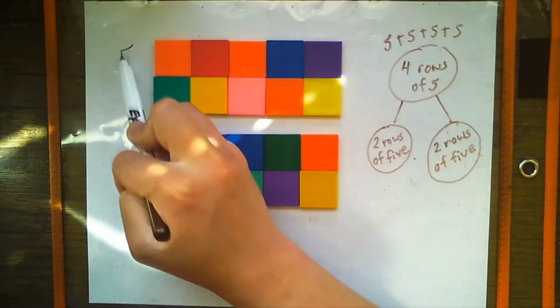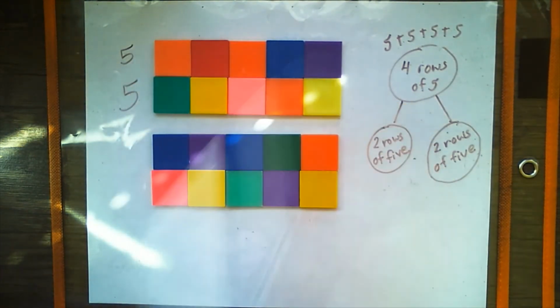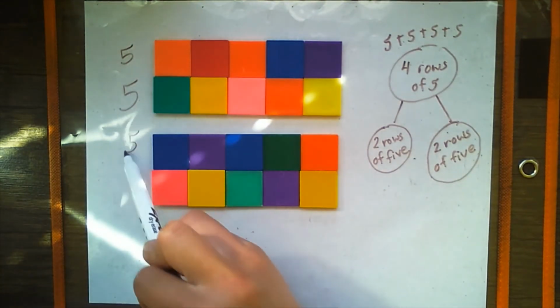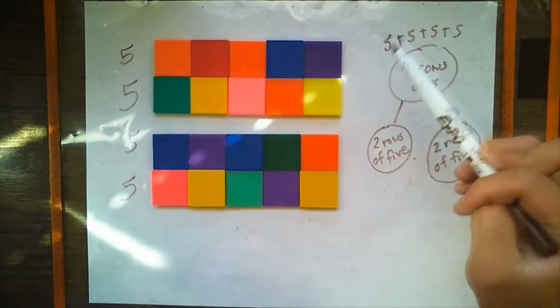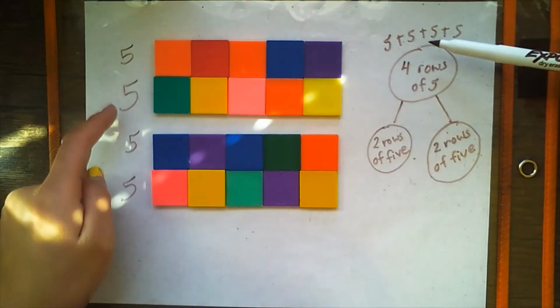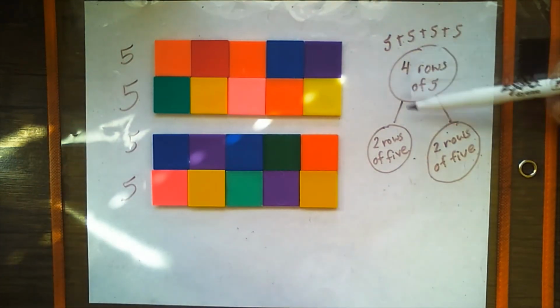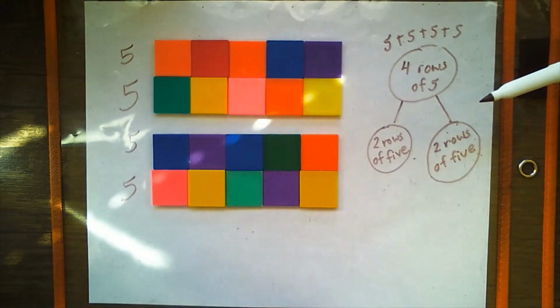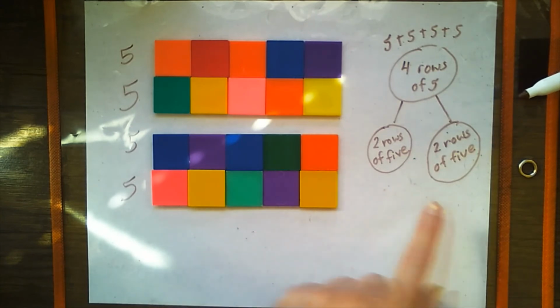Take a look. We have 5, and remember we have 5 in each row. We remembered that 5 plus 5 plus 5 plus 5 was the whole rectangle. Now, think carefully and looking at our picture here. What number sentence can we use to describe each part?